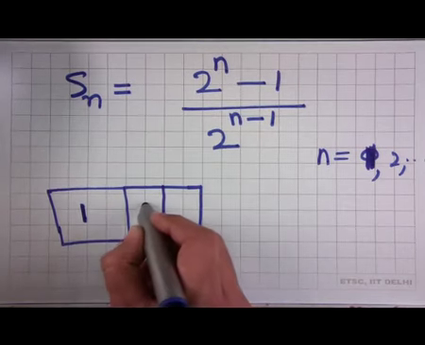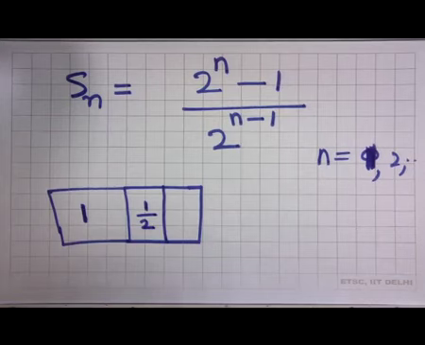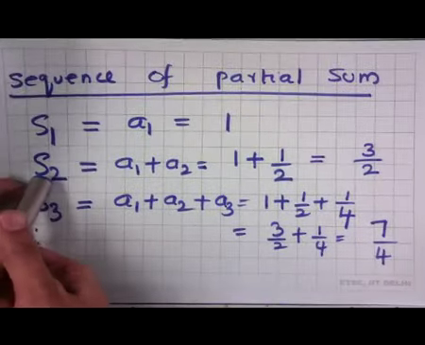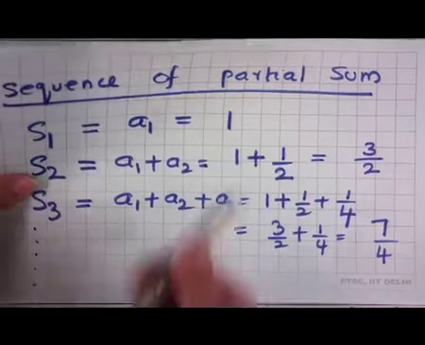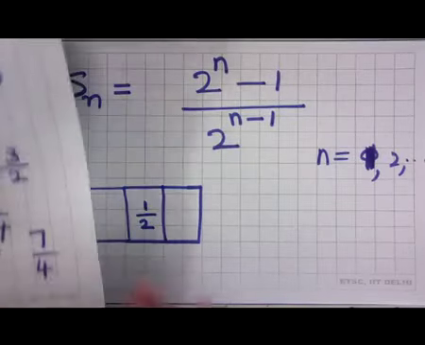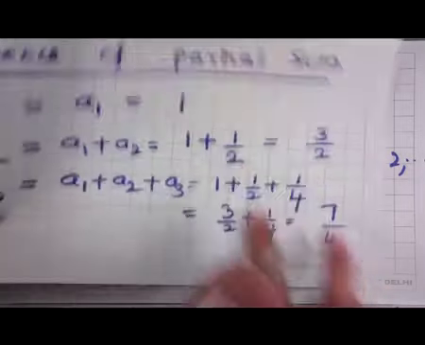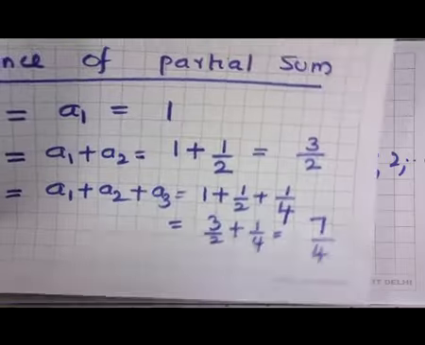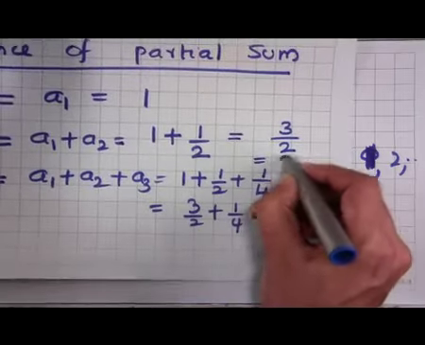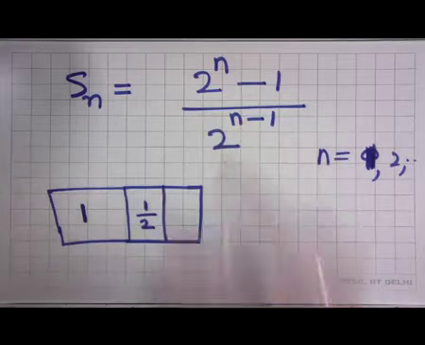Area of this first half portion is 1 by 2 and second half portion is 1 by 2, and the second term in the partial sum S2 can be attached with the area of the first square plus half of the area of the second square. So, S2 is total area, which is 2 minus half. This portion is missing.